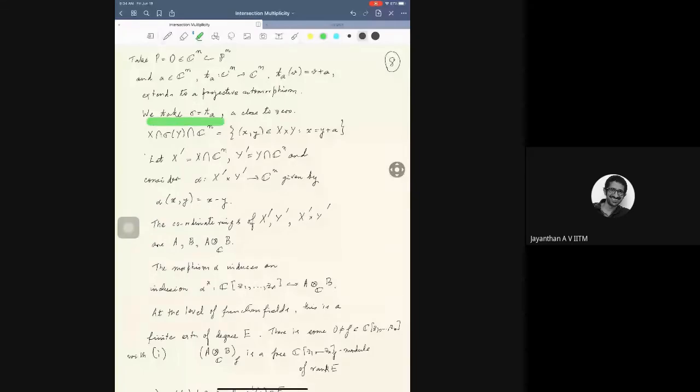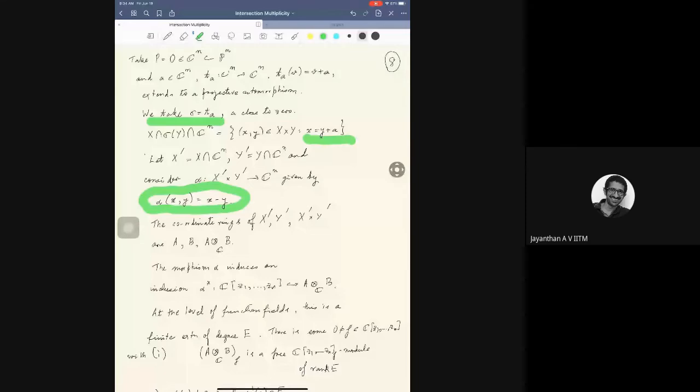Okay. So then I want to see the collection. X intersected with Y translated is the same thing as saying X is equal to Y plus A, which means X minus Y is equal to A. I've got to chop off the stuff at infinity if I want to define this map.